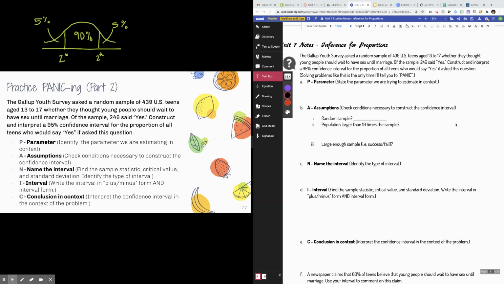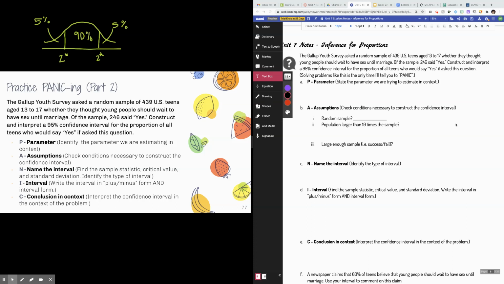You have a random sample of 439 US teens from age 13 to 17, and they were asked whether they thought that young people should wait to have sex until marriage. In this particular sample, 246 said yes, the others said no. And the question here is to just construct and interpret a 95% confidence interval.